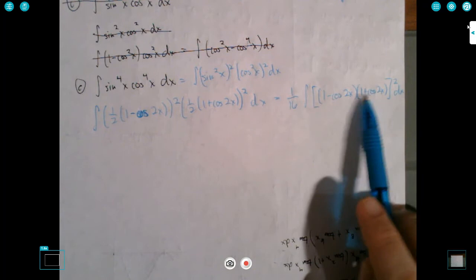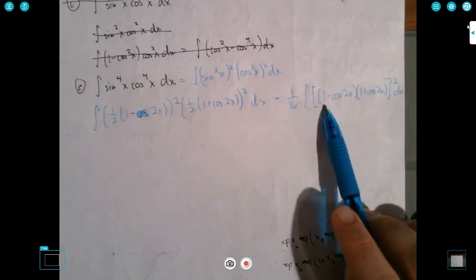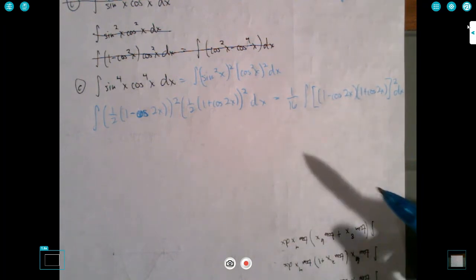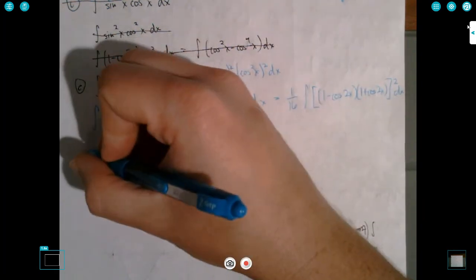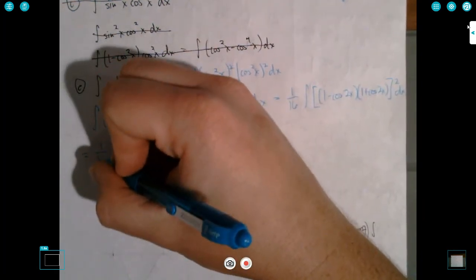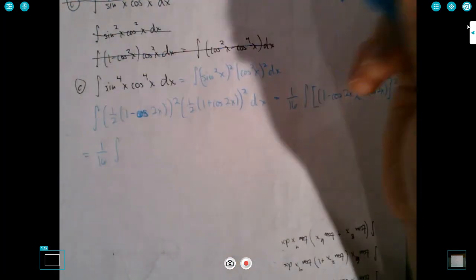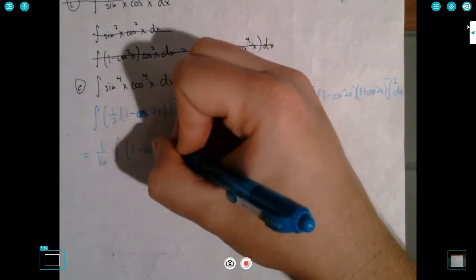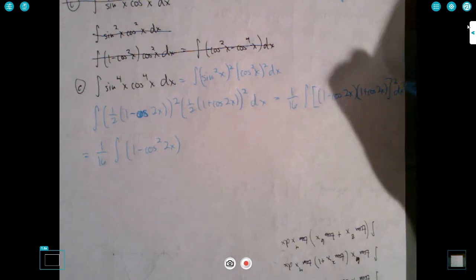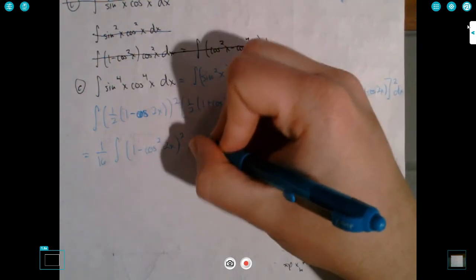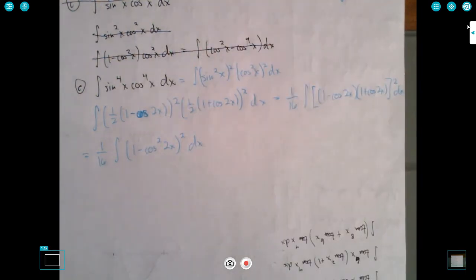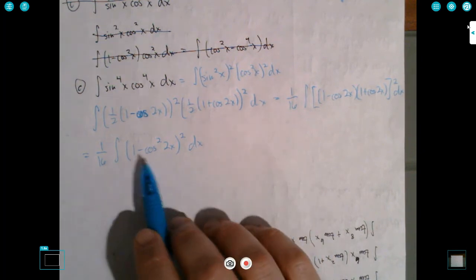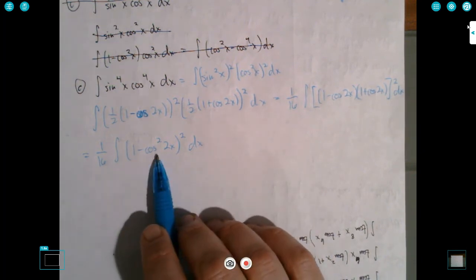And what's nice about that is that this is a difference of squares now. This is just 1 minus cosine squared 2x. One minus cosine squared 2x, squared, don't forget. And 1 minus cosine squared is what?